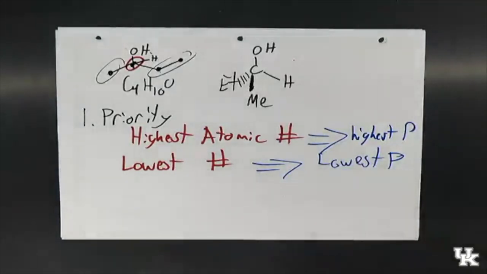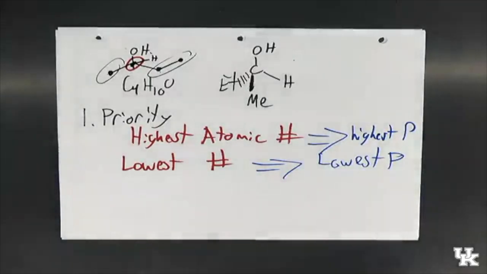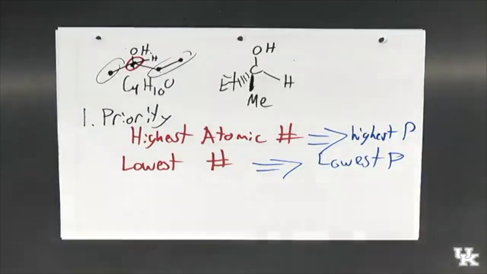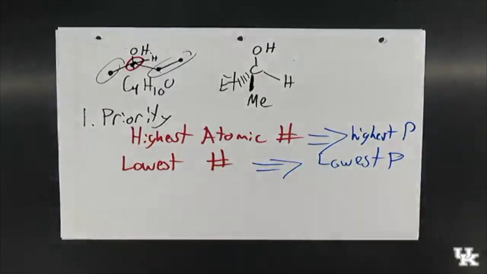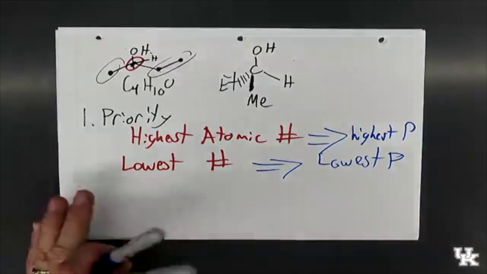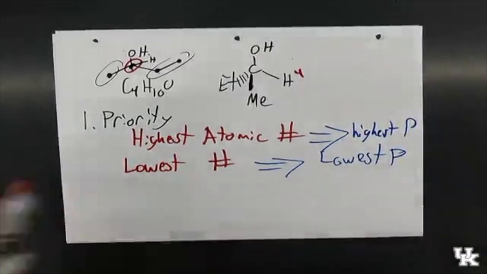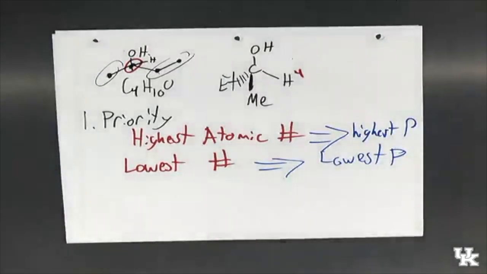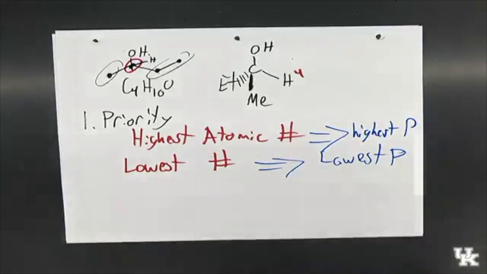Who here knows the atomic number for hydrogen? Yeah? Number 1, right? Is it just one proton? Good. So that means it has the lowest atomic number and it has the lowest priority. So if you ever see a hydrogen, just go ahead and drop a 4 on it, because there's going to be 4 unique groups for a chiral center, chiral carbon, and the hydrogen always has lowest priority.